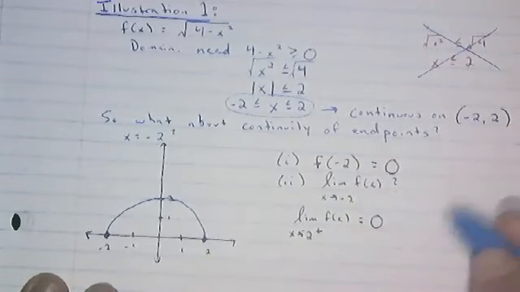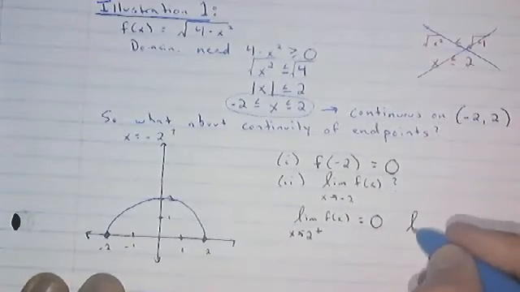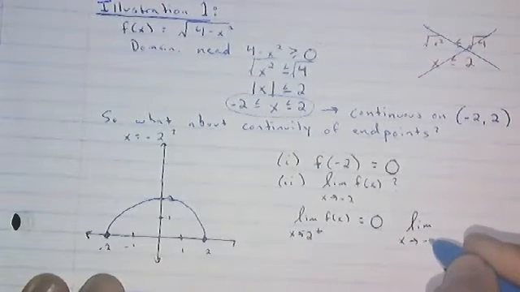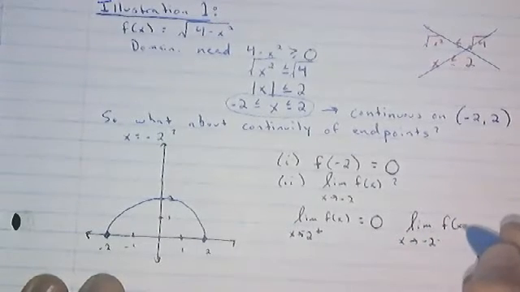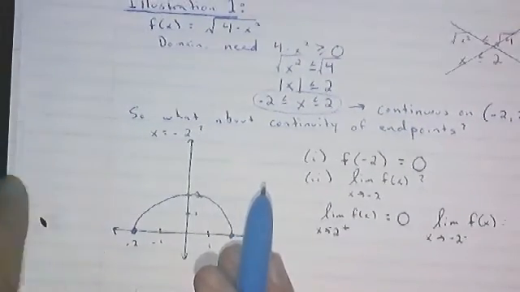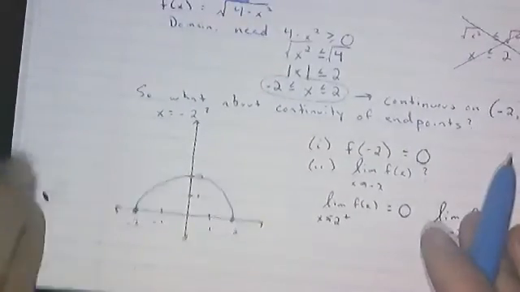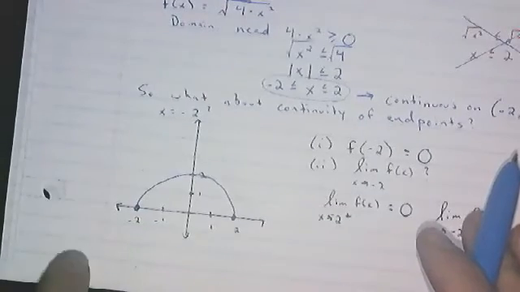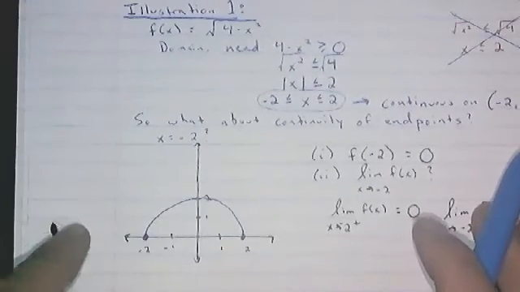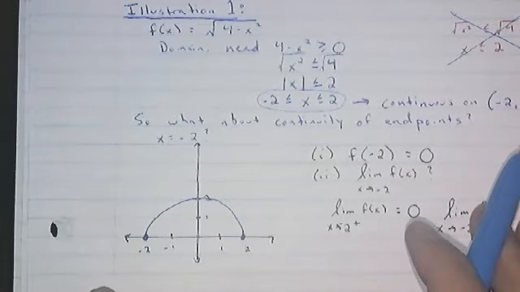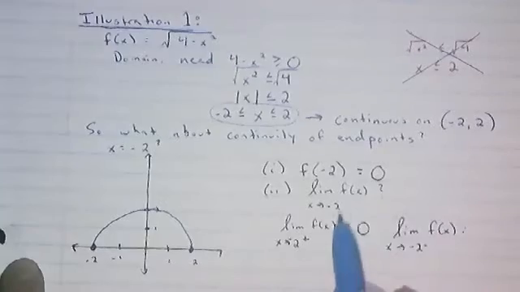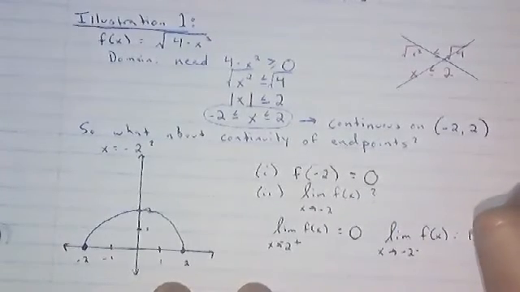So far, so good. But then, is there a limit from the left of -2? Where does my finger go? There's no curve, there's no function. There is no limit from the left. Which means the limit at -2 does not exist.